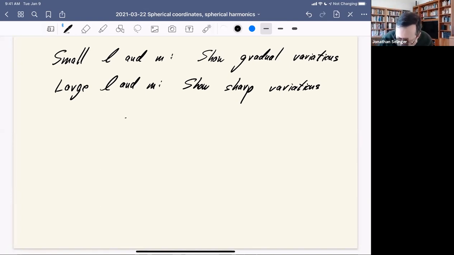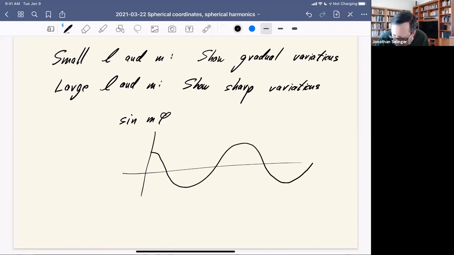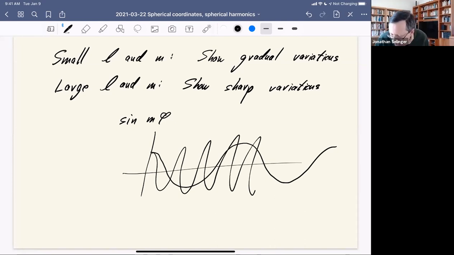Because if you have a sine of M phi, if M is small, this gradually varies as a function of phi. And if M is large, it goes up and down really rapidly, something like that, right? And so it's the same kind of thing with spherical harmonics.